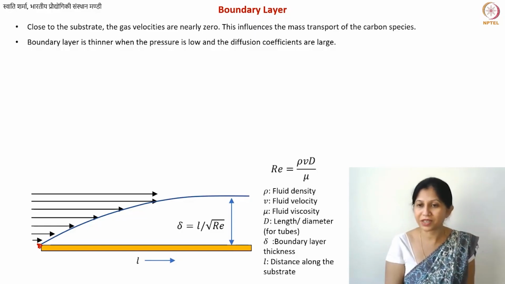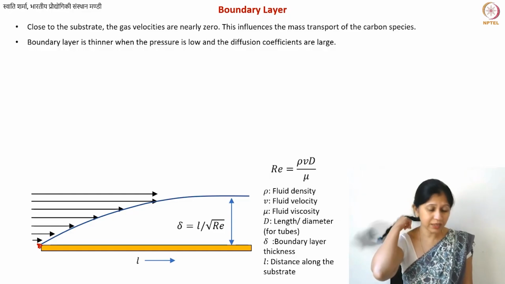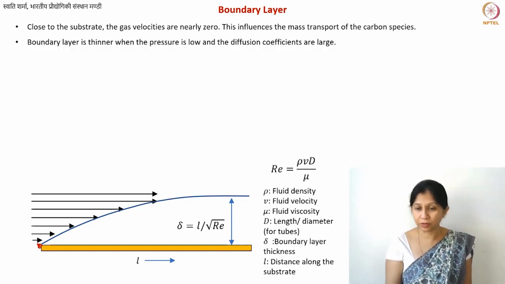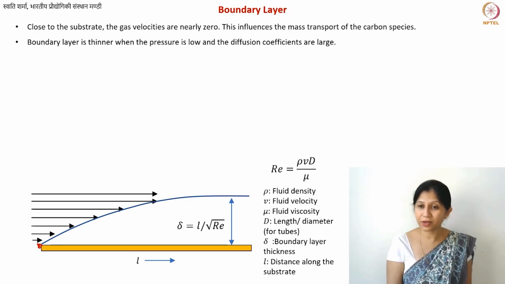Briefly, let me mention it one more time. It is rho V d divided by mu. Rho is the density of your fluid, V is the velocity of your fluid, d in the case of tubes is the diameter, otherwise it is the characteristic length that you would take, and mu is the viscosity of your fluid.